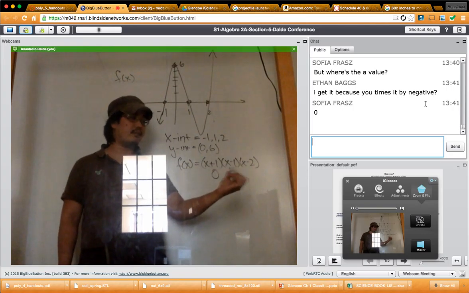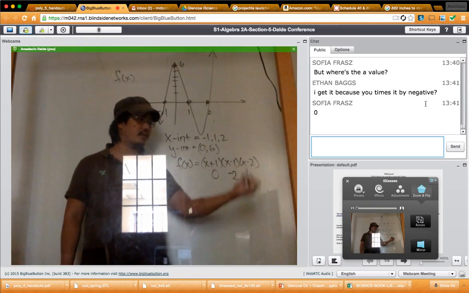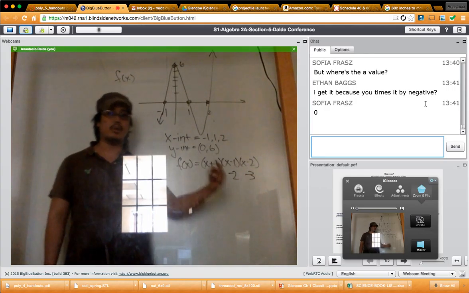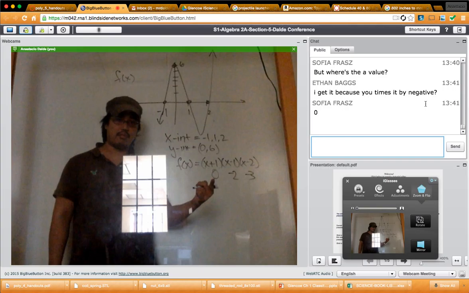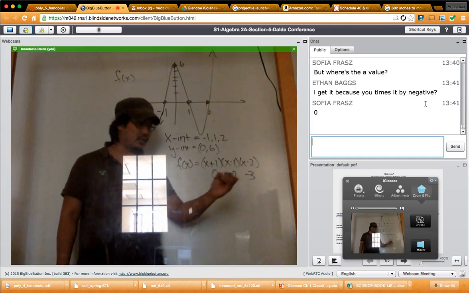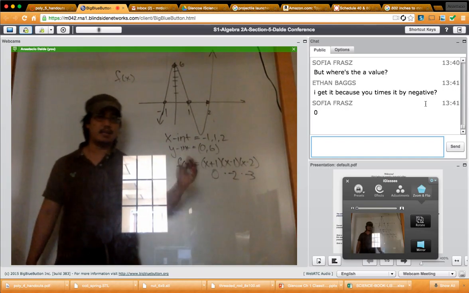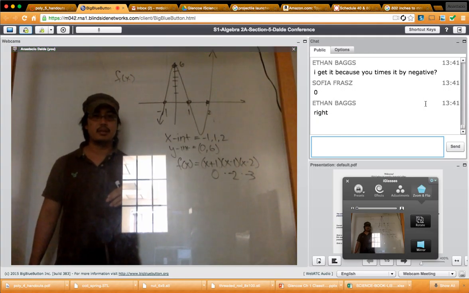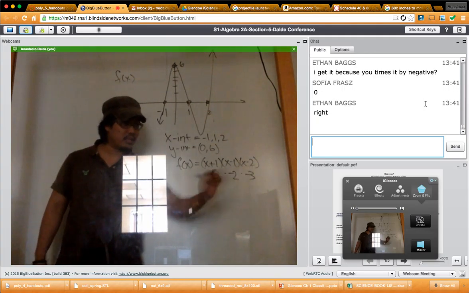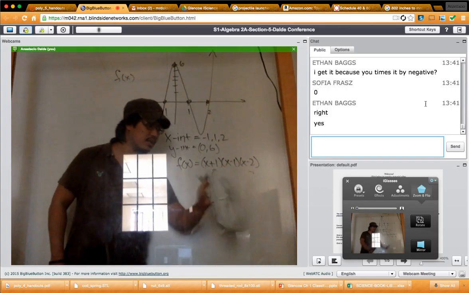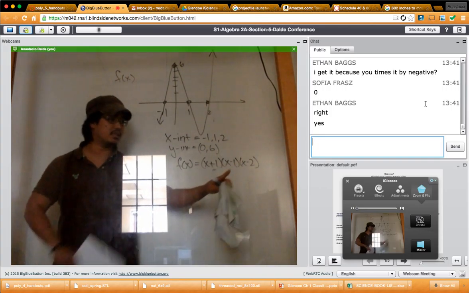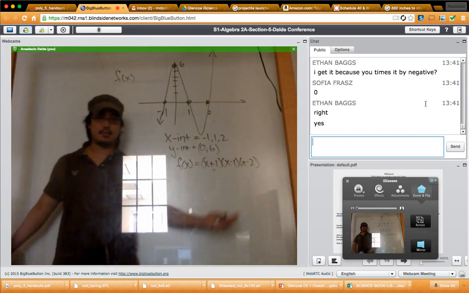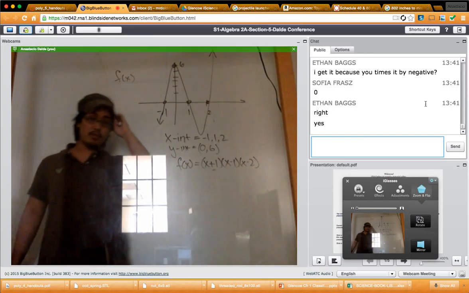Then -1 minus 1 is -2, and -1 minus 2 is -3. But it doesn't matter what these two are, because if the first one is 0 and I'm multiplying them all together, then the product equals 0, and hence my x-intercept is at -1. Do you understand this equation now? This equation takes into account each of these factors being 0 based off of my x-intercepts. We cool?